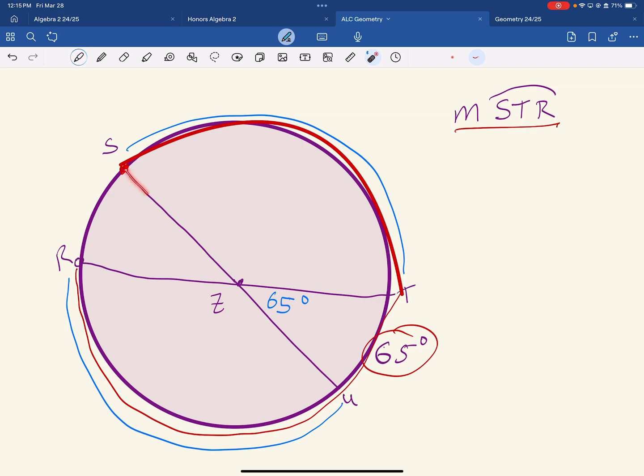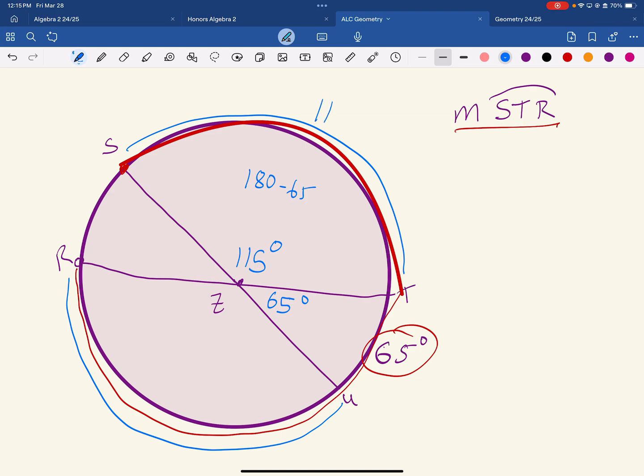You'll notice that SU is a straight line, right? So can we find the measure of this angle right here? What do they have to add up to? 180. So if I go 180 minus 65, it's 115. That's 115 degrees.